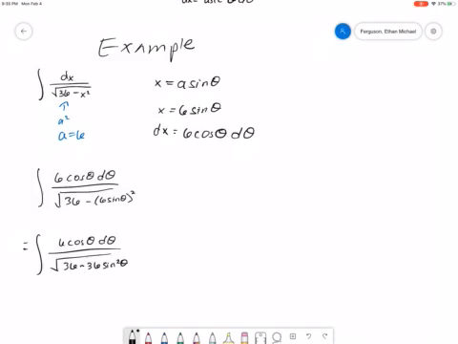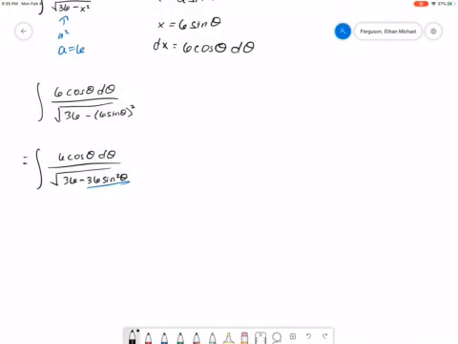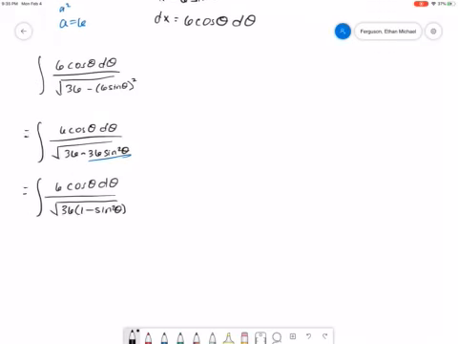I just squared the 6 and I squared the sine theta right here. If we continue to work this out, it goes to 6 cosine of theta d theta all over the square root of, and I can factor out this 36, and I can put it right in this form.